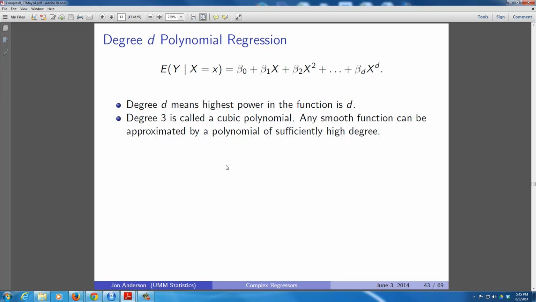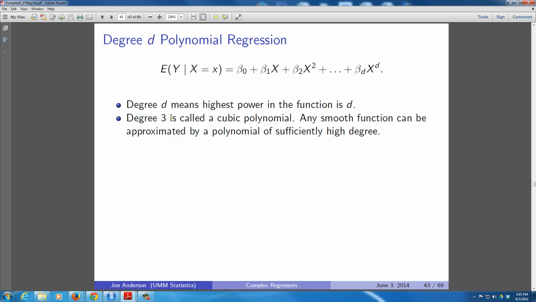There's no reason why we have to use only a degree 2 polynomial. We might be able to use a degree D polynomial with increasing powers of the predictor variable x. Degree 3 is called a cubic.